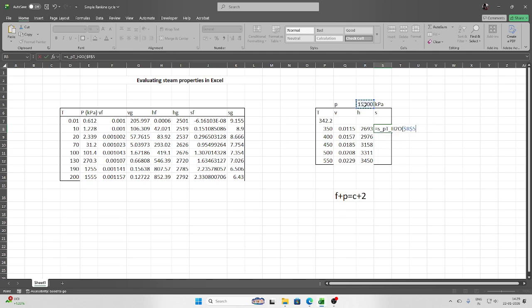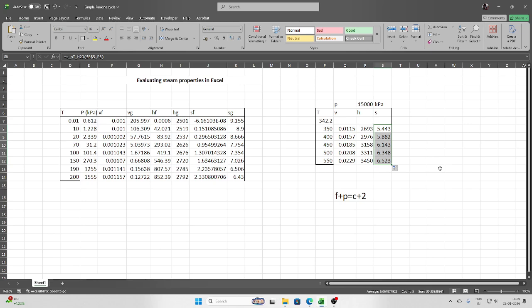This is the pressure, fix it, and this is the temperature, and you drag it down, you will get values for all temperatures. So friends, in this way we can evaluate different parameters in Excel itself. And now it must be clear to you how to use this add-in, with its different functions, for evaluation of steam table properties.